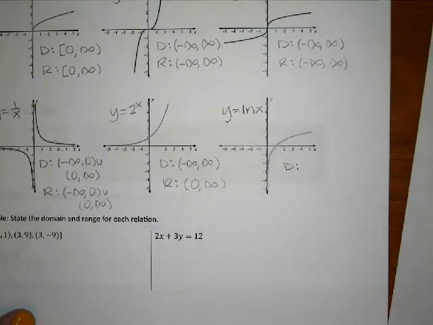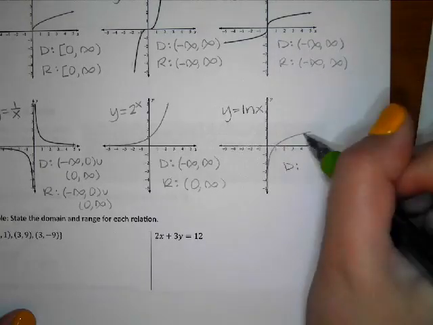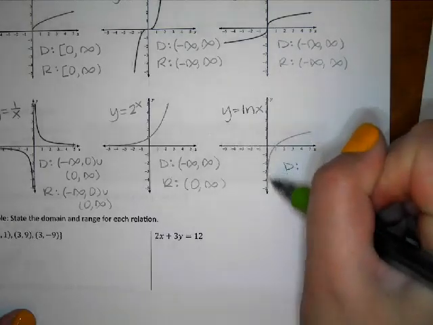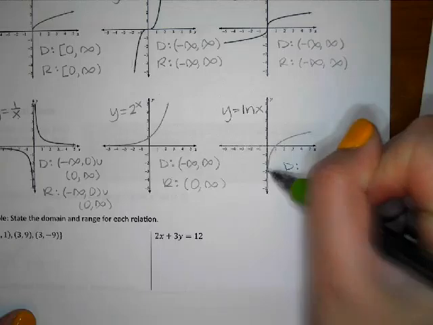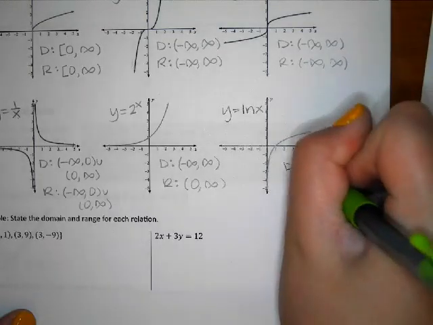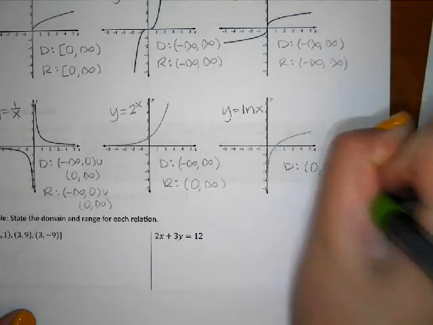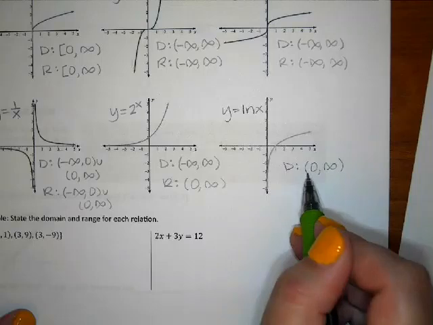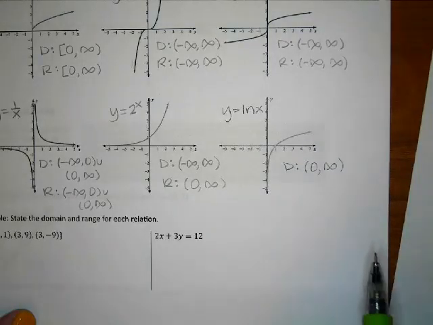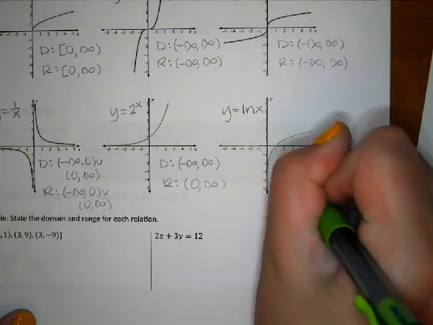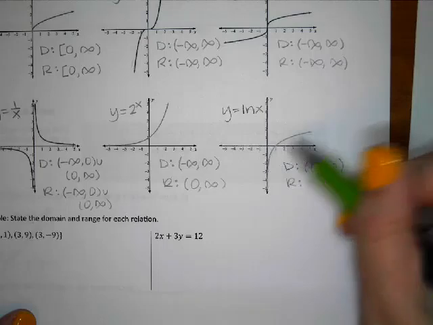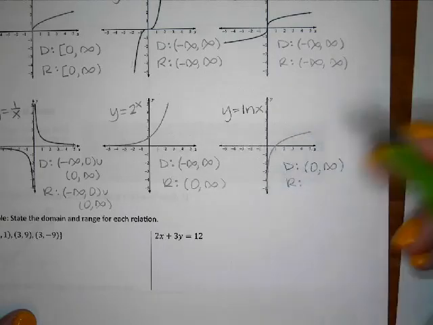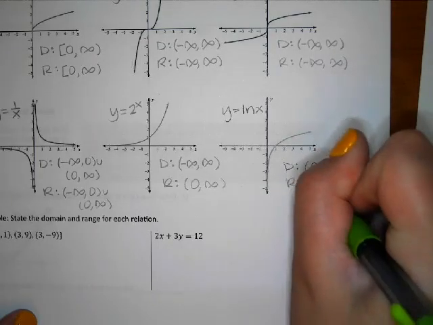So here you can see that this graph is on the right side of the y-axis, and that's because the domain is from 0 to infinity. Not including 0, you can't plug in 0. And then the range, you can have any output you want. You can have negatives, you can have positives, all of the numbers for the outputs will work. And that is one we'll also be studying more later.